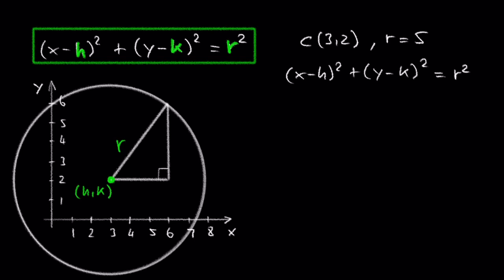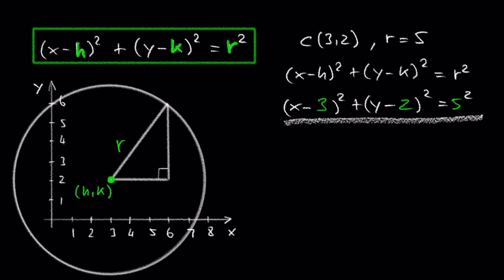And then plug in the coordinates of the center for h and k and the radius for r, and we are done. So this is the standard equation of a circle with the coordinates of the center 3, 2 and with a radius of 5. Let's look at another example.